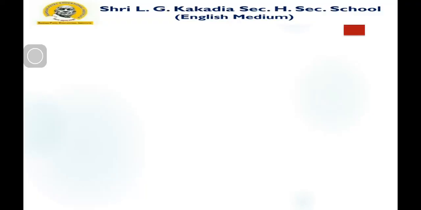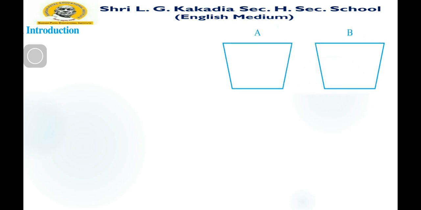For that, first we discuss some properties related to parallelograms and triangles. Here you can see two figures. Then we can say that these two trapezia, or these two quadrilaterals, are congruent.